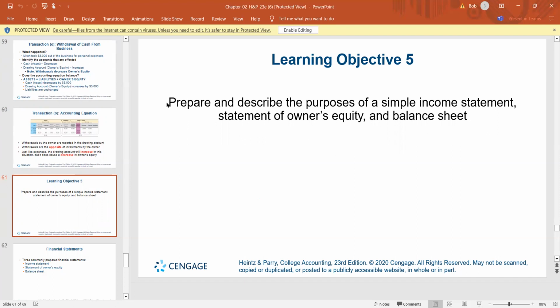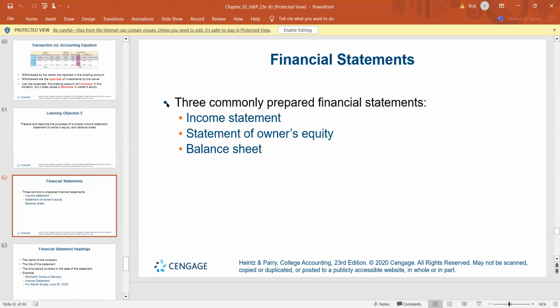No one. If you want to buy $1 million worth of goods from somebody, they're certainly going to want to see your financial statements, and they want to see what your payables look like, and they're going to do it through the balance sheet, the income statement, and the equity statement. Three commonly prepared financial statements. Note the income statement must be prepared first.